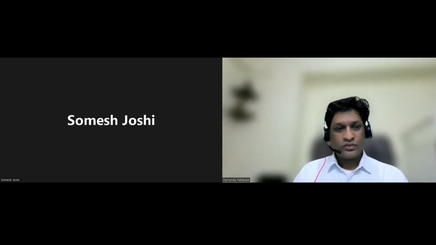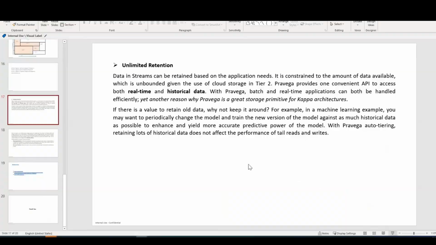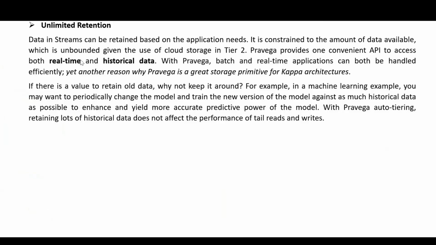So now I'll proceed with the next unique feature of Pravega that we are going to discuss here, which is retention. And what does this retention feature offer us? So the user has the advantage of real-time processing of data, while also being benefited with the historical data which is present on a tier 2 level of storage.